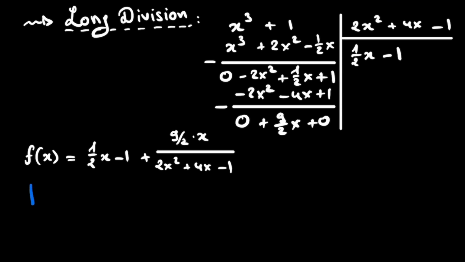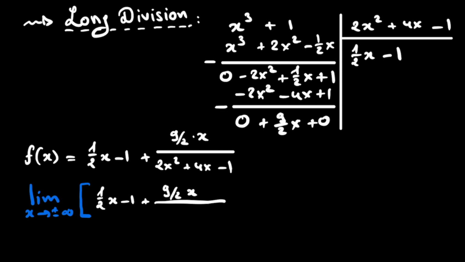What we're going to do now is take the limit of this function when x goes to plus or minus infinity. And we have to take the limit of 1/2 x minus 1 plus 9/2 x divided by this polynomial 2x squared plus 4x minus 1. And let's see what we indeed get.